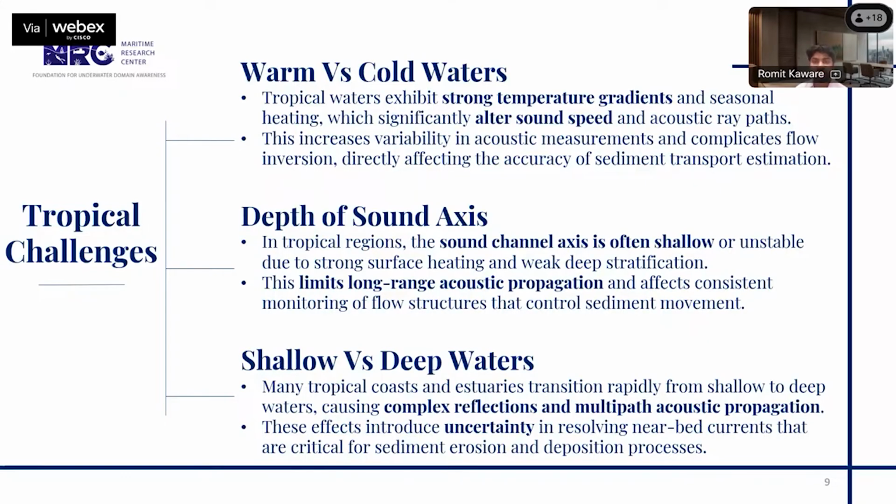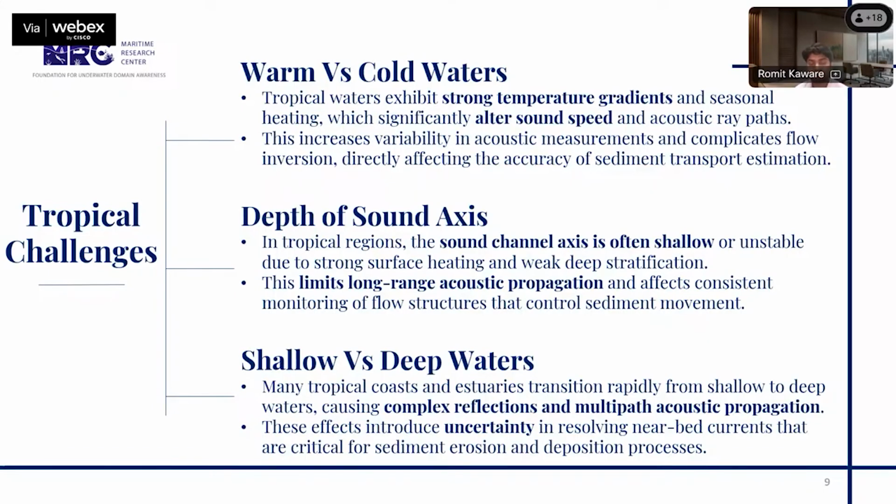Within tropical conditions, this SOFAR channel might range from depths of 2000 meters to 3000 meters, while in other regions the normal range is around 1000 meters, or up to 50 meters at the poles. So, in order to have that long-range acoustic propagation, we need more depth compared to other regions.